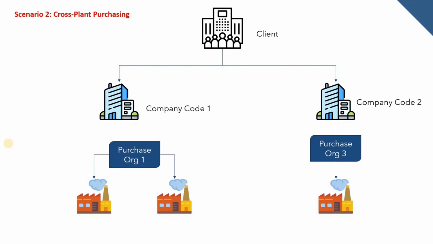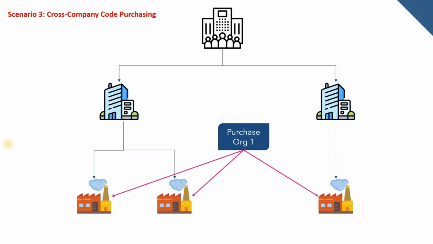Under company code 1, you have purchase organization 1, who is responsible for plant 1 and plant 2 purchasing activities. Similarly, you have company code 2. So purchase organization 2 is responsible for its own plant, which is plant 3. So here it's cross plant purchasing.